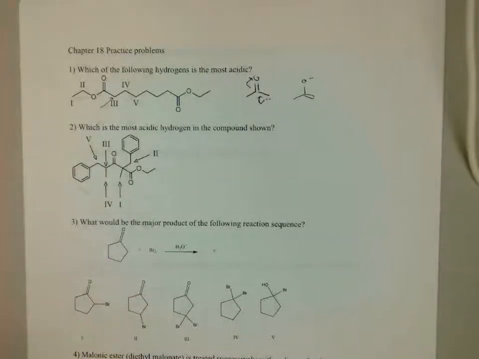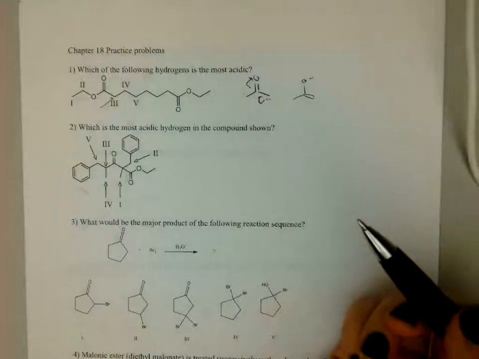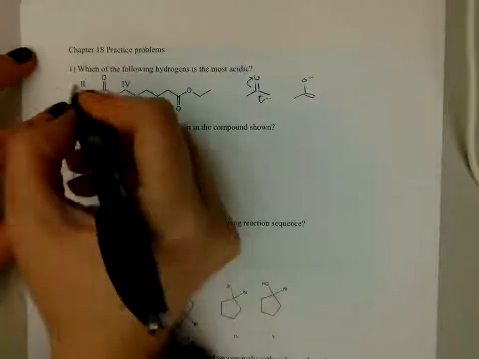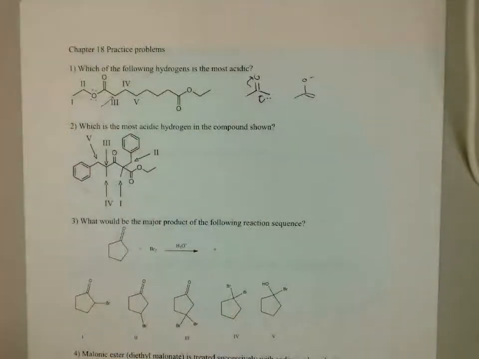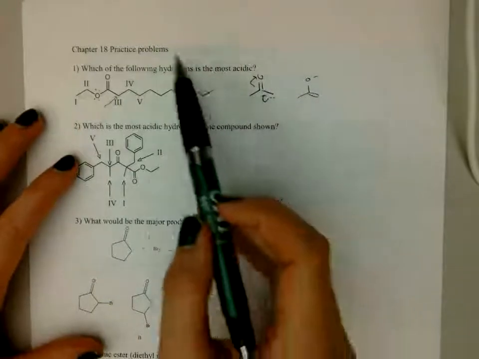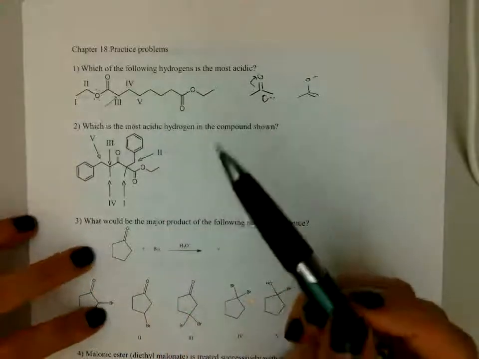So basically it's stabilized both by induction, because this is partially positive, and by resonance. That's going to be stable compared to over here. This oxygen has lone pairs that are going to be electron donating. So if you abstract a proton, leave behind electrons, it's going to be electron donating, which destabilizes it. So really, the closer you are to an electron withdrawing group, or if it's stabilized by resonance, the better.